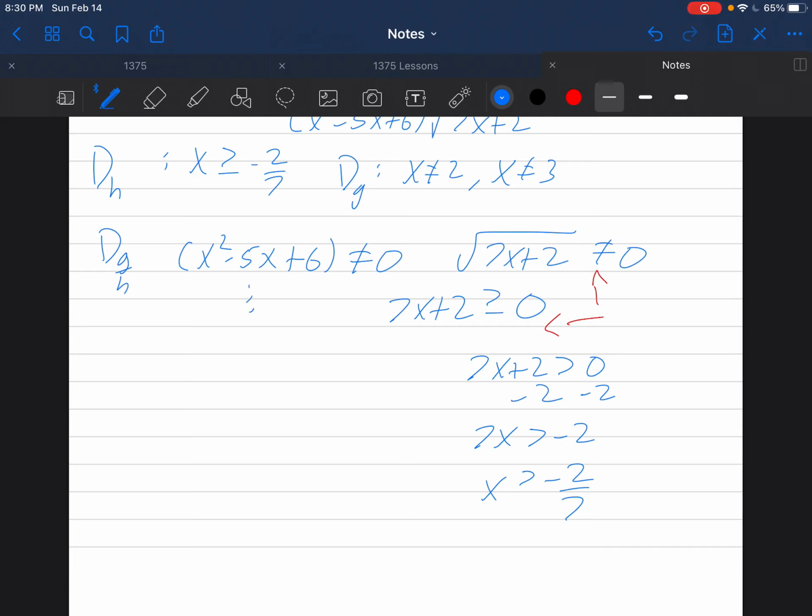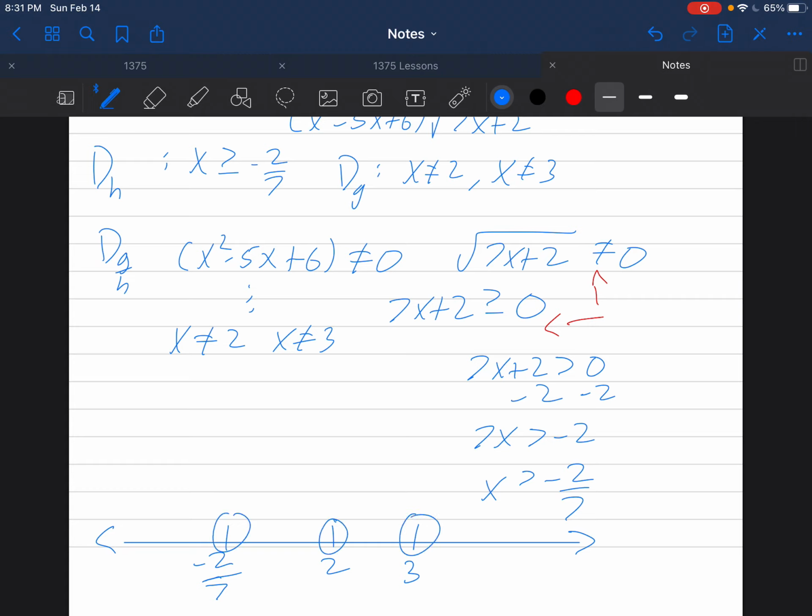And from here, we worked this out already. X cannot equal 2. X cannot equal 3. So let's look at a number line here. Very similar to what we had before, which is this critical value, -2 over 7, this critical value 2, this critical value of 3. This time, we are not shading in any of these circles. Why?